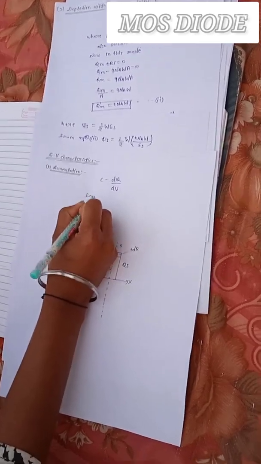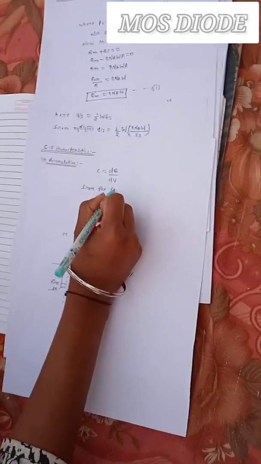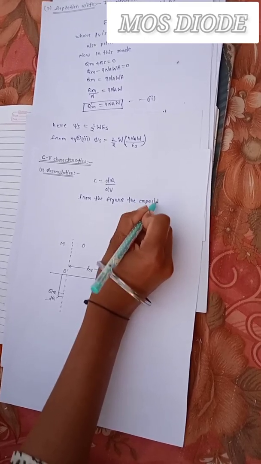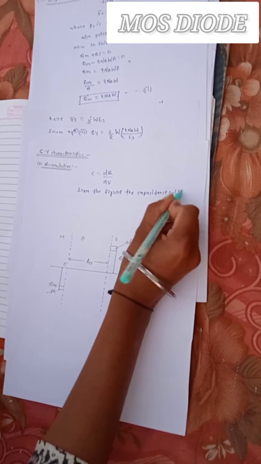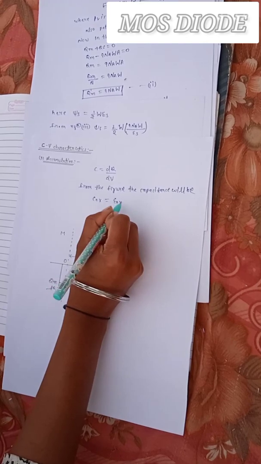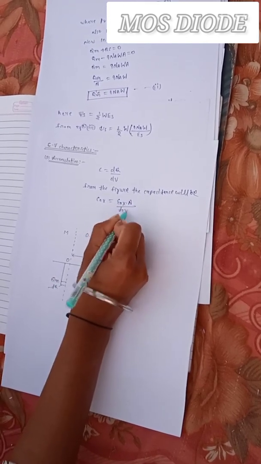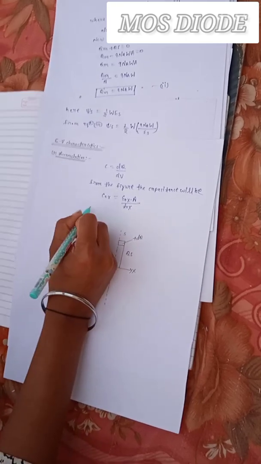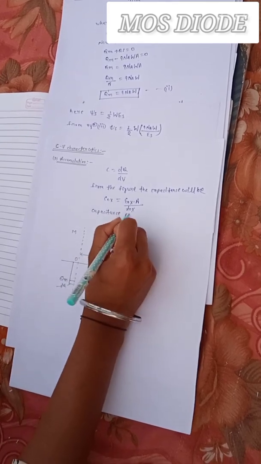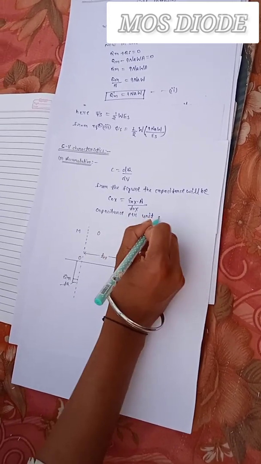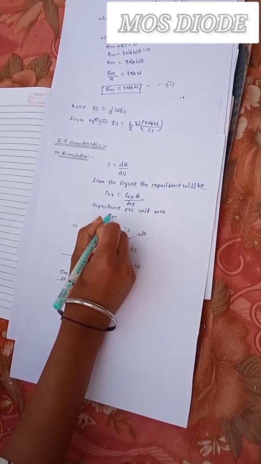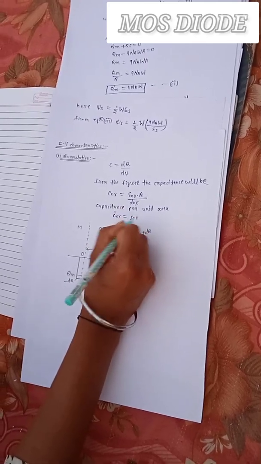From the figure, the capacitance will be Cox equal epsilon ox into A upon T ox. So capacitance per unit area is Cox prime equal Cox upon A.